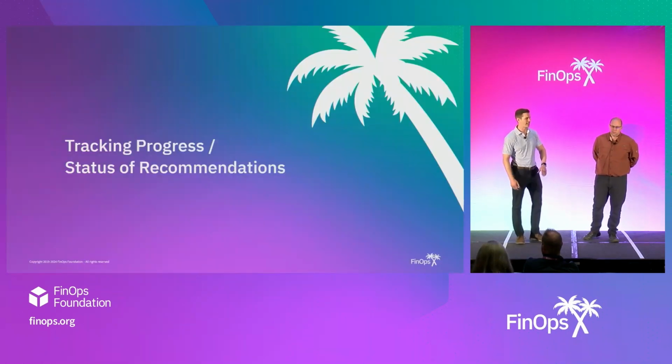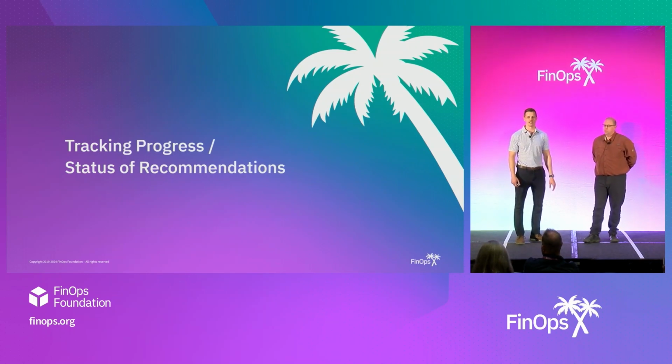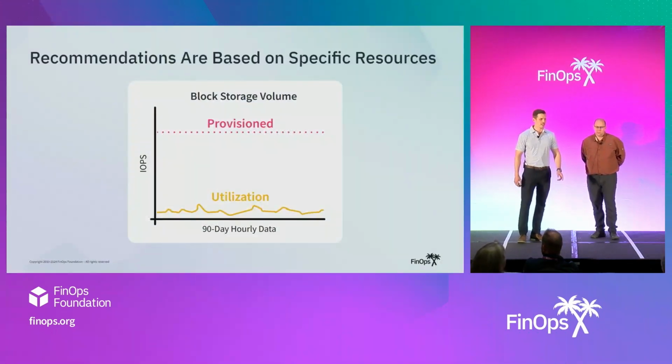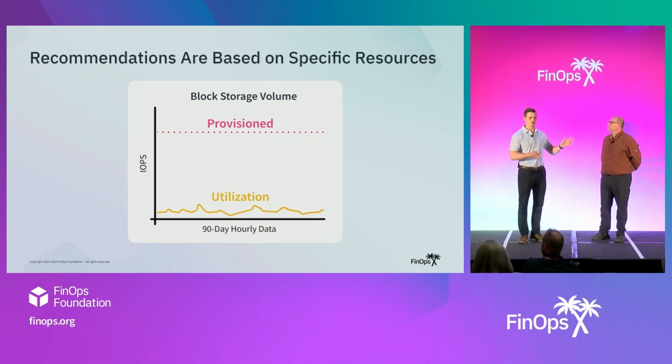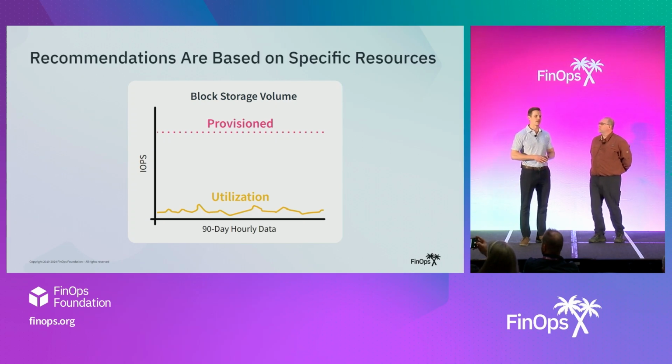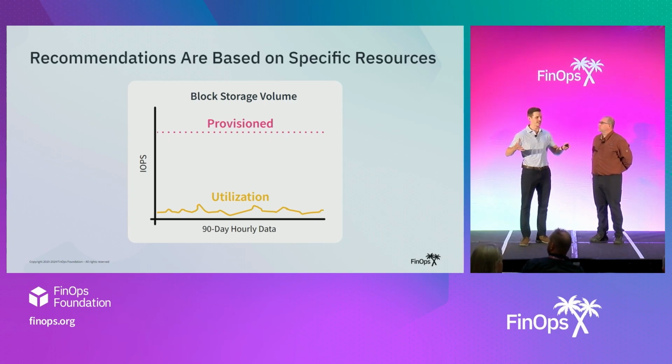All right, now getting into probably the much more exciting part of this. How do we actually track and report on what we're doing when it comes to workload optimization? So one of the challenges with workload optimization is, we'll probably reference rate optimization versus workload optimization a bunch of times in this, but with rate optimization, if we're looking at buying a reserved instance, what we're looking at is aggregated usage details.